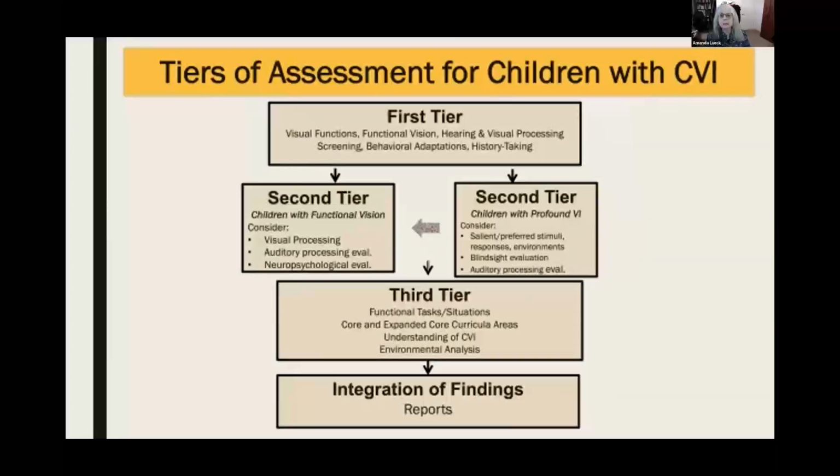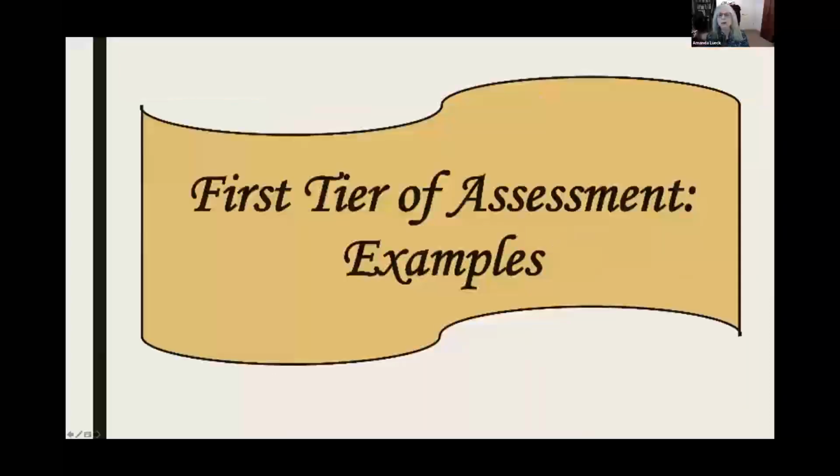Then we go deeper into CVI with the second tier for 2 different types of children, children who have functional vision and children who have profound visual impairment. For children who have functional vision, you have to consider their visual processing, auditory processing evaluation, neuropsychological evaluation.